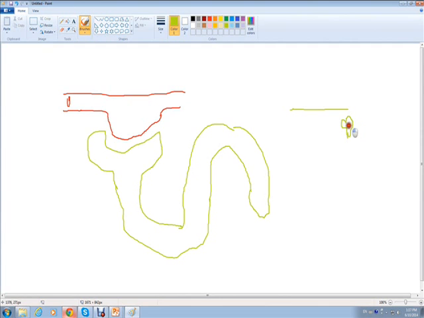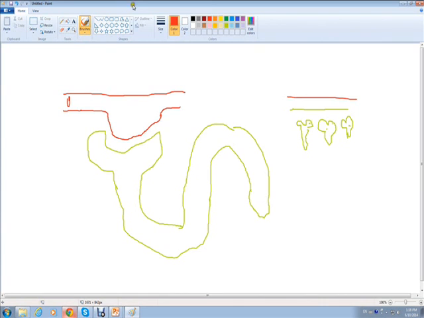Podocytes are epithelial cells which have a foot-like process in the end, like this. There are epithelial cells with foot-like processes called podocytes, and of course the endothelial cells, in which everything is filtrated.